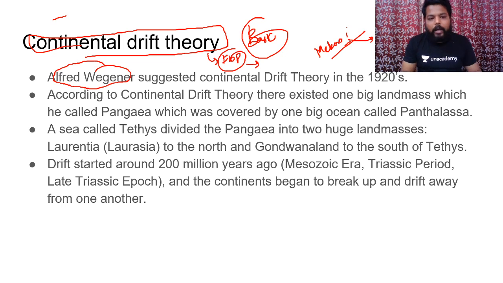In order to predict the future climatic position of the world, Wegener wanted to read about the past climates. So he collected huge amounts of rock evidence and fossil evidence, and in such evidence he came up with some interesting things. And what were those interesting things?